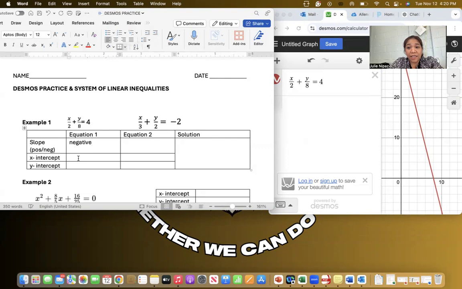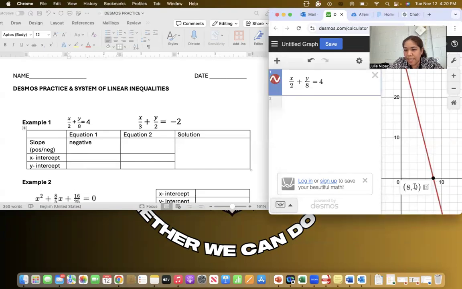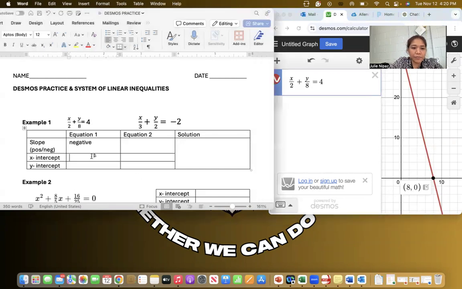Next, the x-intercept is any point on the x-axis, right? So for this one, look at the x-axis. And for the y-intercept, you have to look at the y-axis. So the x-intercept on the x-axis here is the point at 8, 0.